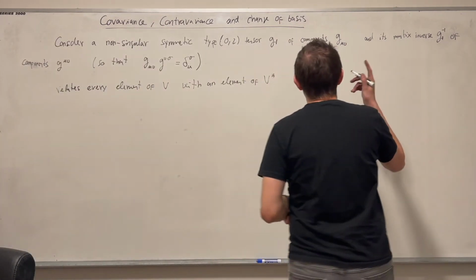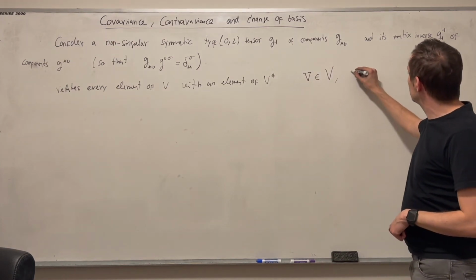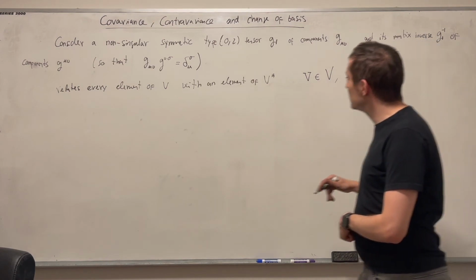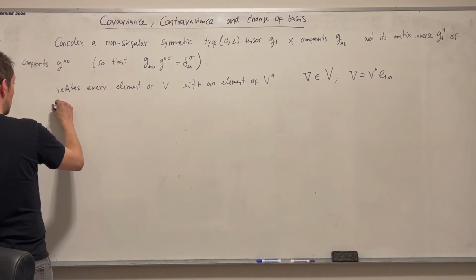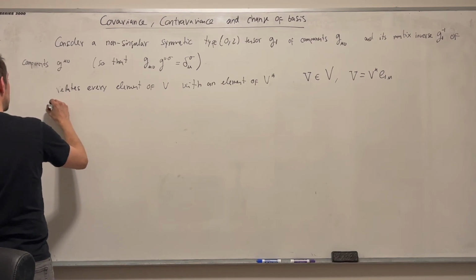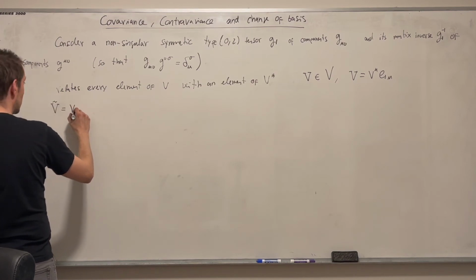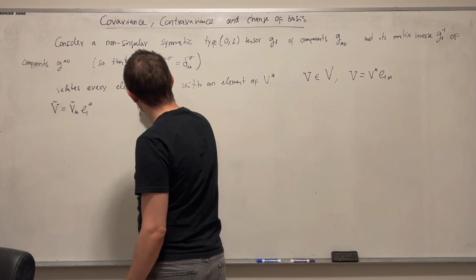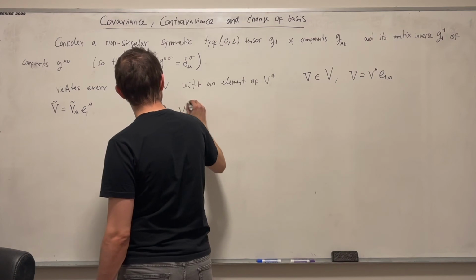If I have a vector V in the space V, which I write in a basis as V^μ e_μ, then I can associate an element of V star, let's call it V tilde, with components V tilde_μ, such that V tilde_μ equals G_{μν} V^ν. That's the definition.